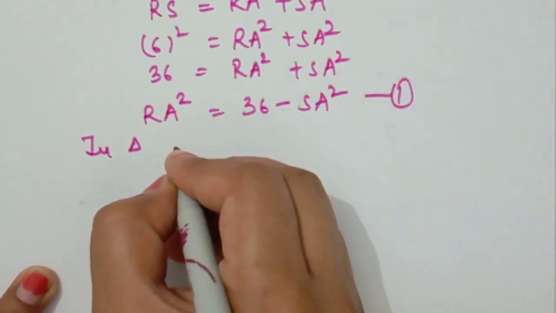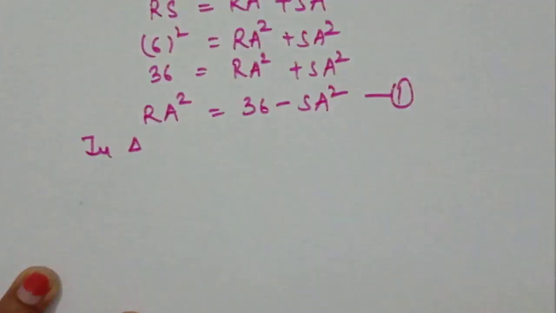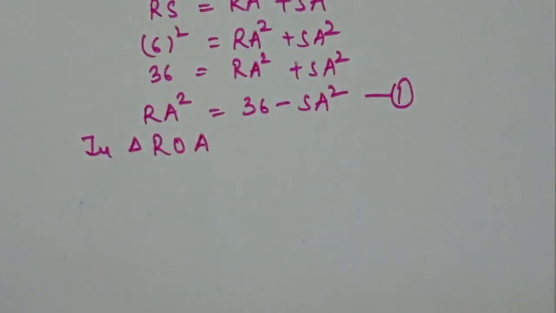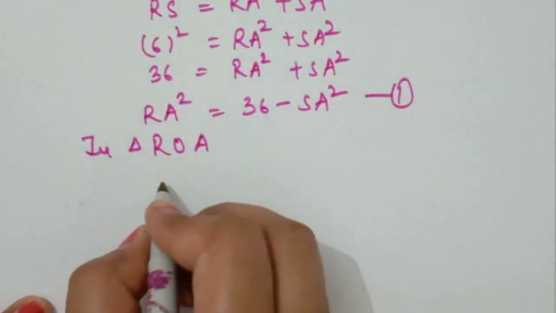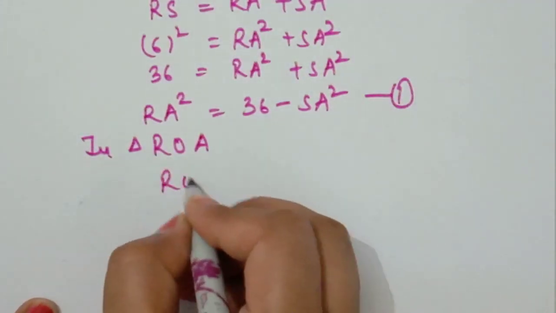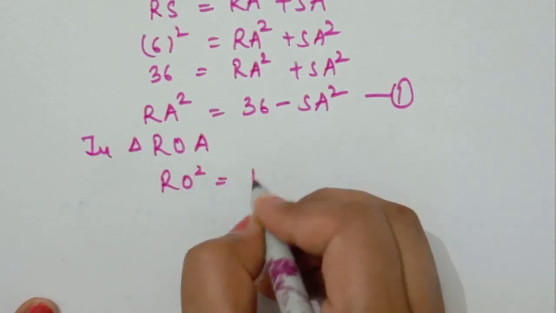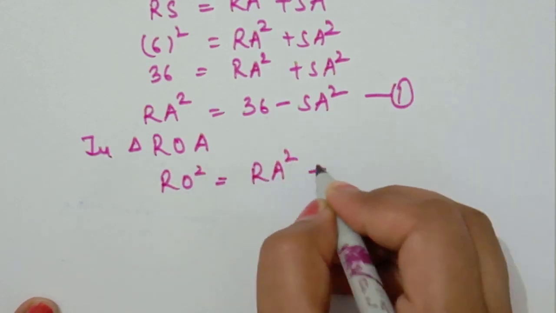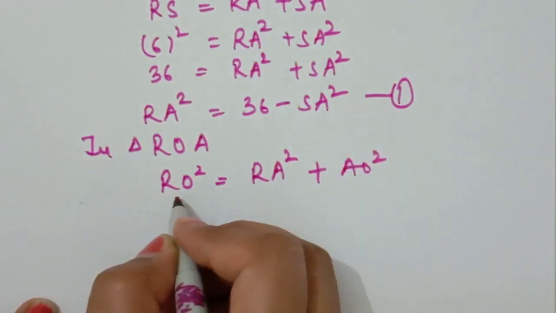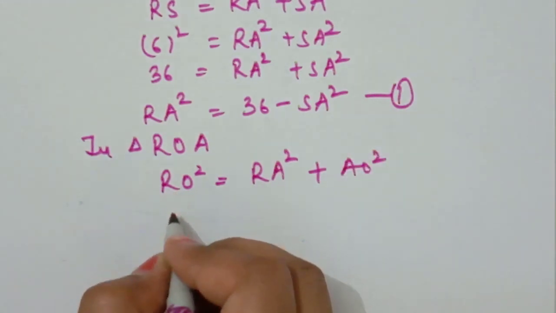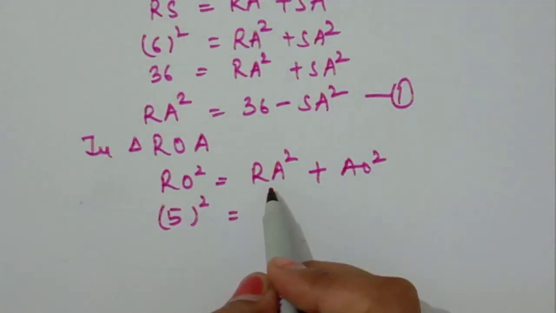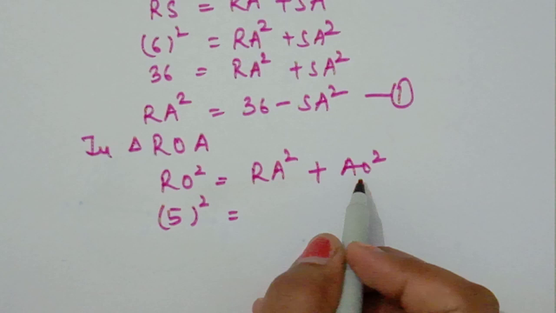In triangle ROA, again we have a right angle triangle and we will apply the Pythagoras theorem in it. RO square is equal to RA square plus AO square. We know very well the value of RO, which is the radius, is 5 centimeter.